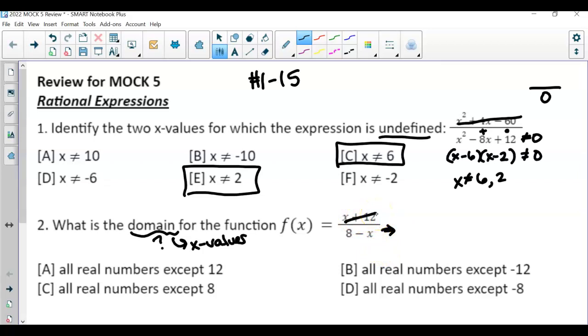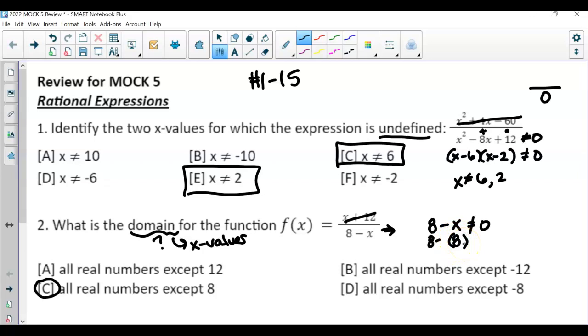So here, the denominator cannot equal 0. So 8 minus x cannot equal 0. 8 minus what would make 0? 8. So the answer is C. 8 minus 8 is equal to 0.